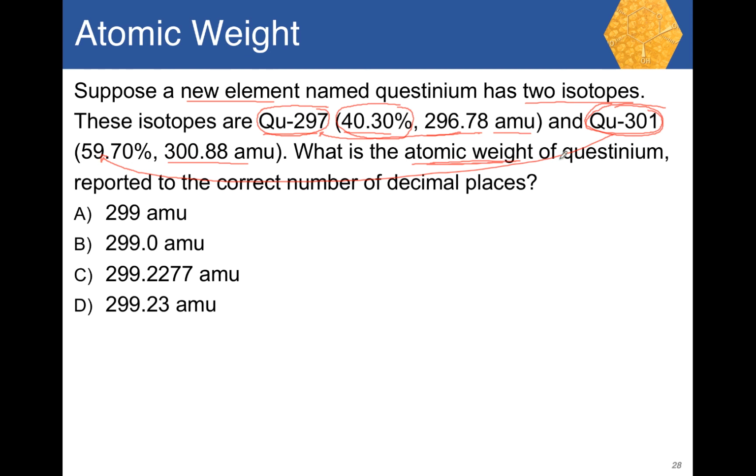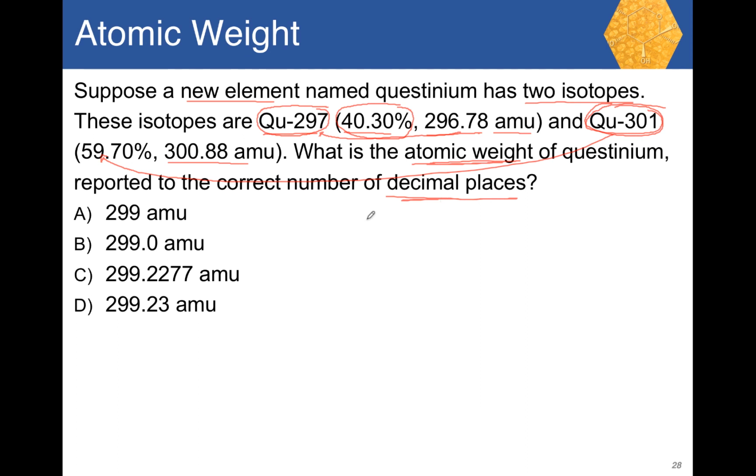Notice again it says here to the correct decimal places. So we are applying quite a few concepts. Make sure you remember how to report numbers to the least precise measurement. What you'll have to do here is use the equation that we used for chlorine. So you may want to pause the video and go back to that equation we used to determine the atomic weight of chlorine, which was the sum of the isotopes that contribute to the atomic weight.